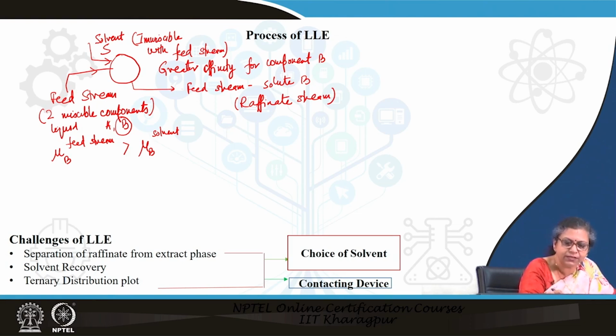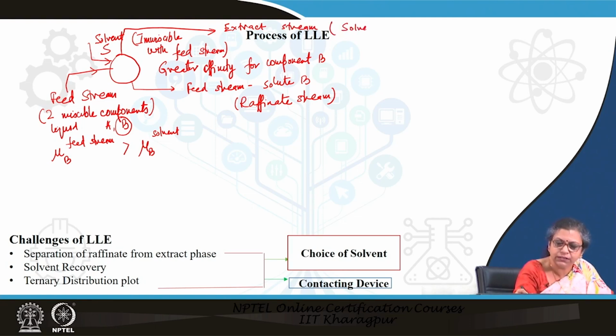And what else do we have? We have one more stream, which is the solvent stream rich in the solute B. This stream is known as the extract stream, which contains a large amount of solvent.